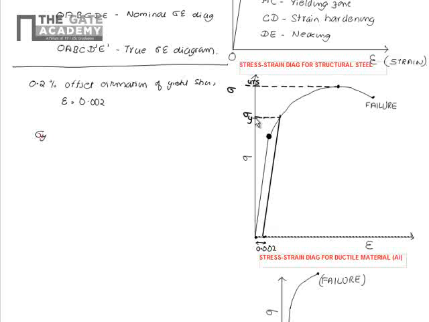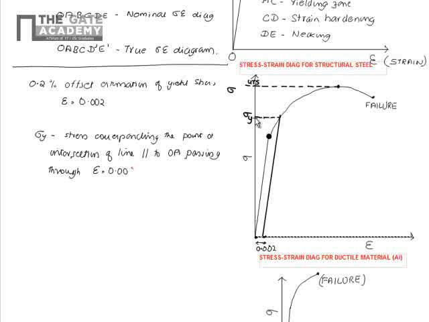So the yield strength value is nothing but the stress corresponding to the point of intersection of the line parallel to OA, the initial line, passing through strain value equal to 0.002, or 0.2%.